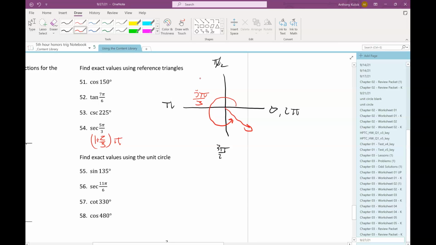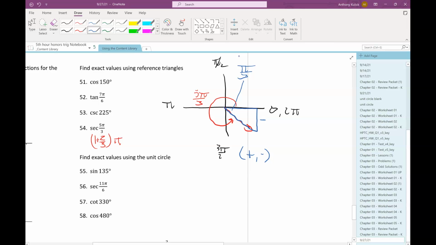Cool so far? Yeah. Okay. So if that's the case, and I draw my reference triangle, I know that the y side is negative because we're in the 4th quadrant. Cool with that? Mm-hmm. And I know this angle here has to be pi over 3.